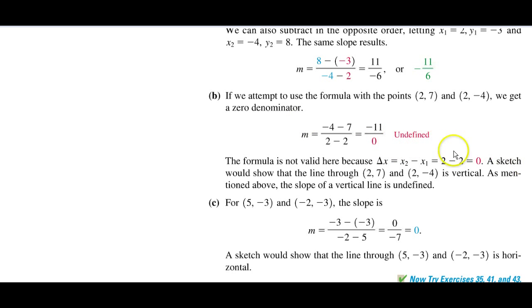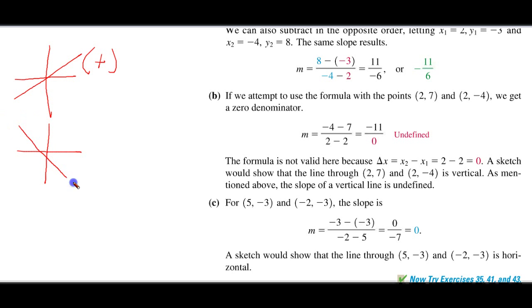And perhaps we could give you a little summary here. When we see slope that starts low and goes high, this is positive slope. When we see slope that starts high and goes down as it goes to the right, this is negative slope.